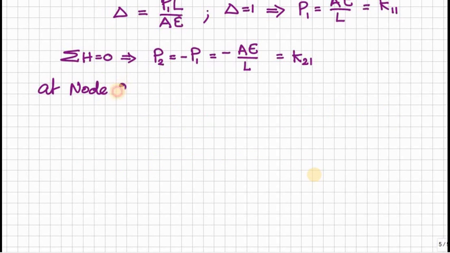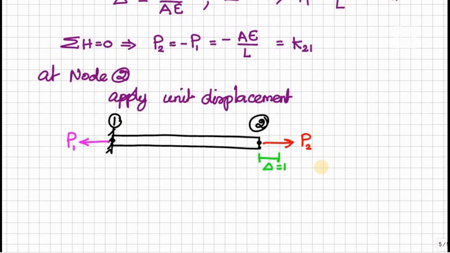Now, similarly, at node 2 also we have to apply unit displacement along the positive direction. So this is the diagram, and we make the other end, that is node 1, as fixed. So here this is node 2. Now we have to make this node 2 elongated because we apply a positive displacement.